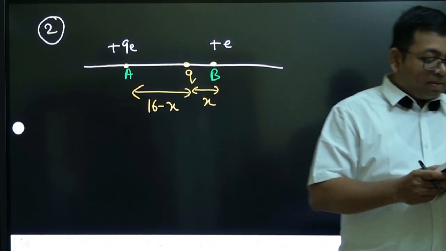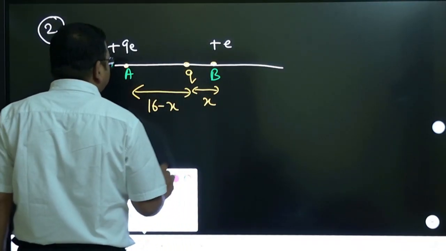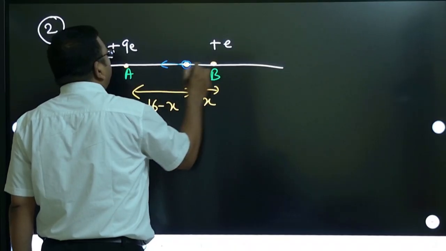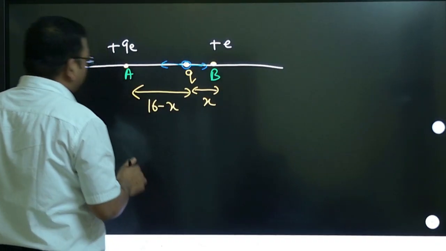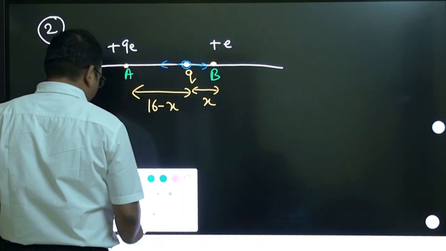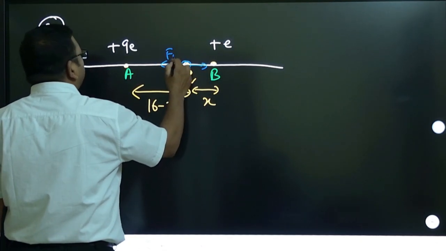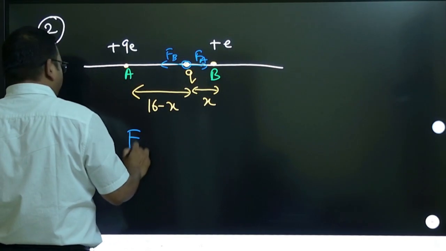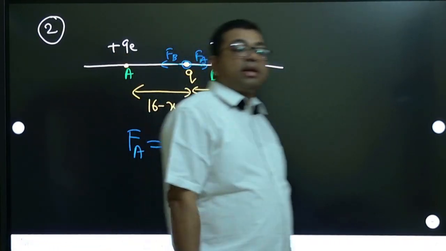Okay. Now let us try to calculate. Here it is in equilibrium, which means the force due to this one and the force due to this one, both the forces must cancel out. So let us say the force due to B is FB, and due to A it is FA. Both FA and FB must be equal, then only they will cancel out.